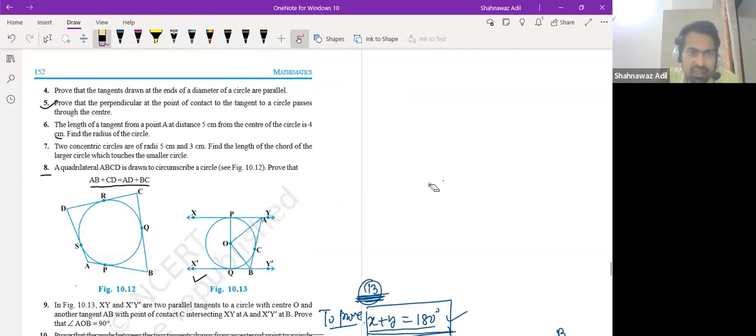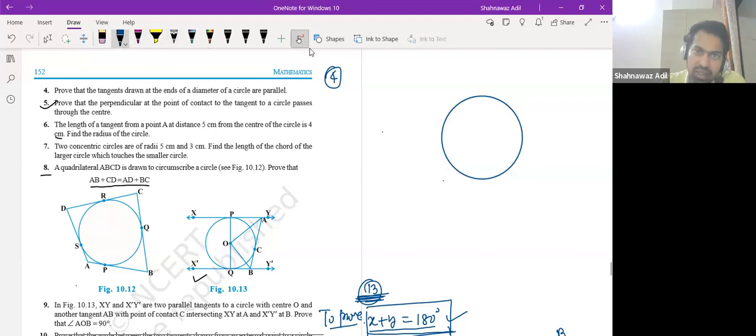Prove that the tangents drawn at the ends of a diameter of a circle are parallel. Okay, so we have a circle and then we are drawing a tangent. This is not looking parallel, but yeah.